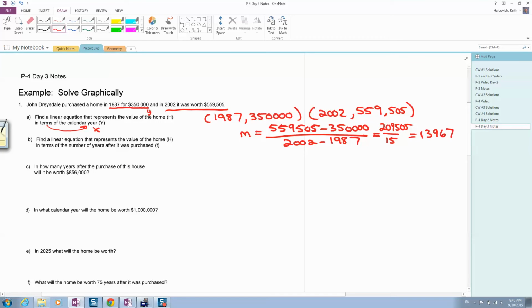And then when you put it in the point slope form, so you have y minus 350,000 equals 13,967 times x minus 1987. Not 1989, 87.